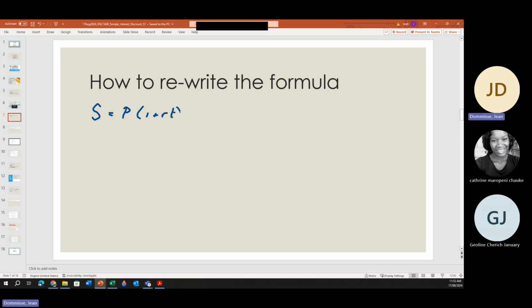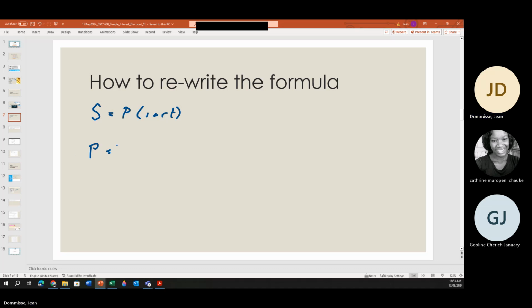Okay, so sometimes they might ask you to write it so that P is the subject of the formula, so they might give you information so that you need to work out what's the principal.